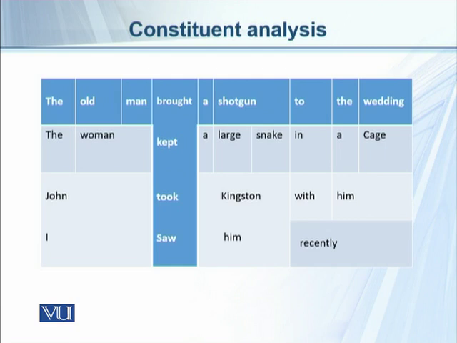This constituent analysis is very helpful, first in understanding the smaller constituents, and then in understanding the bigger constituents which the smaller constituents make. In this way we can learn how different constituents have similar grammatical categories as well as grammatical properties.